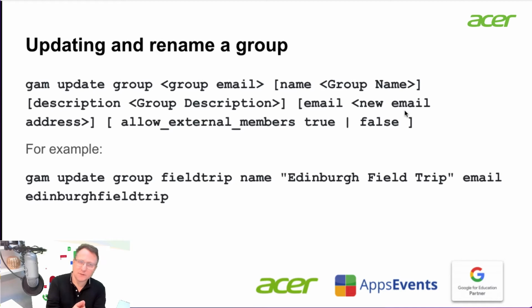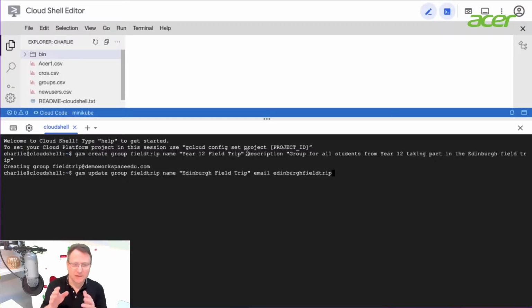Now what I want to do is show you that I can update that group and update the information about it. I can change the name of the group, and I can change the email of the group as well. GAM update group. Field trip is the current name of the group. The name of the group I'm going to change from Year 12 Field Trip to Edinburgh Field Trip.